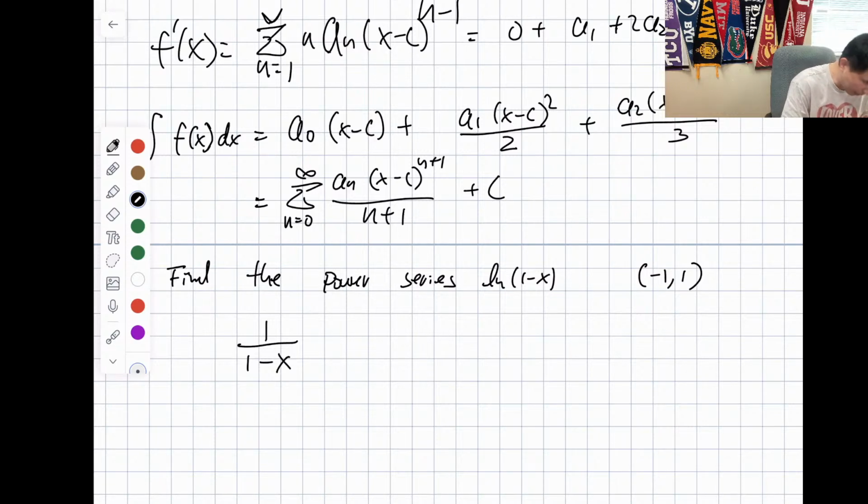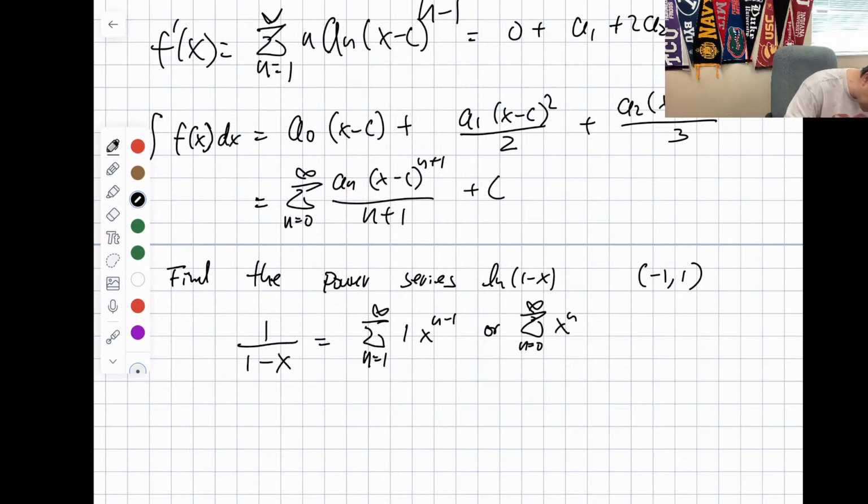But we do know 1 over 1 minus x is geometric. That is equal to the power series, a summation of n equals 1 to infinity of x to the n minus 1. Or it could be the other way, summation of n equals 0 to infinity of x to the n. Either way is fine.